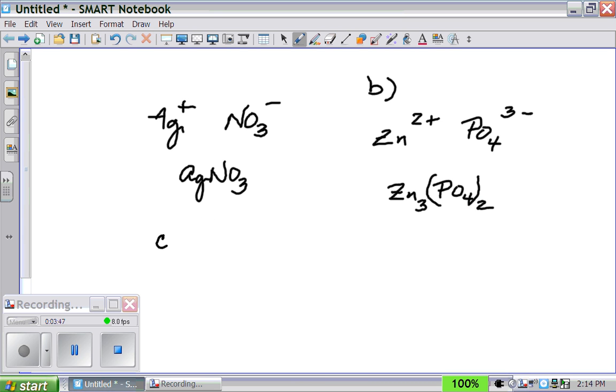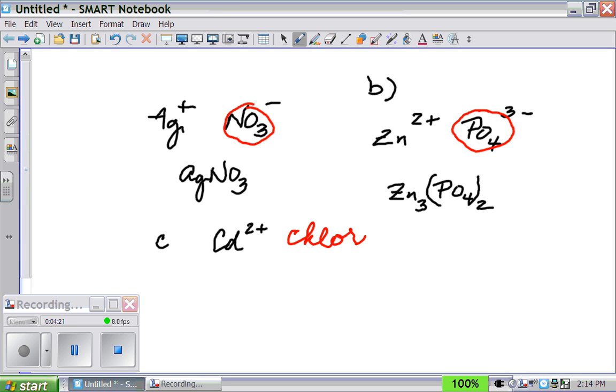For C, we have cadmium chloride, and we know that cadmium is Cd, and it has a charge of 2+, and chloride. Now, this is where they try and catch you, because these other two have ates, which means they are going to be combined with oxygen. But this one is just ide, and in this case it's chloride.